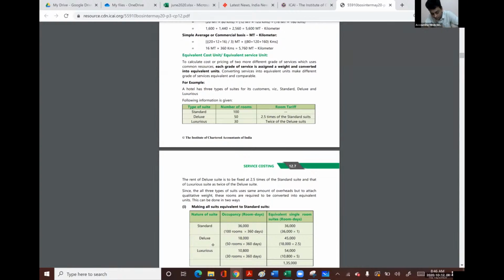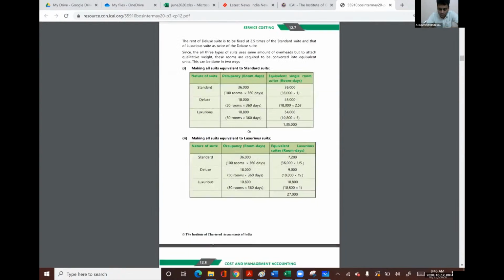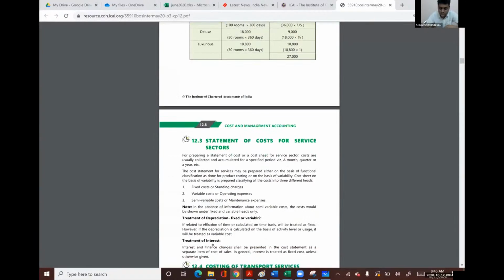The tariffs will be different for them, and the associated costs also will be different. So you have to find out the equivalent cost. If you know it for the standard, you can get it for the deluxe, and for the luxury.